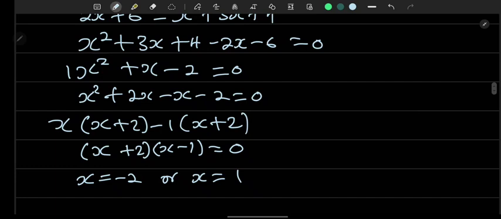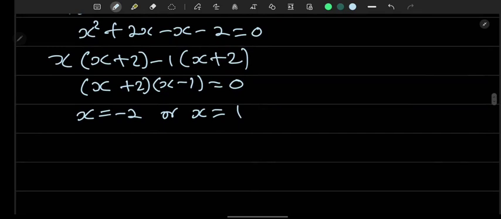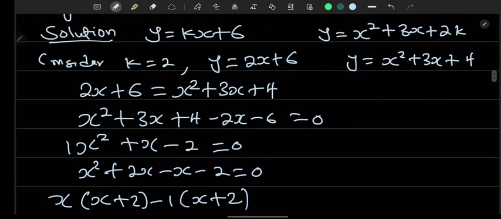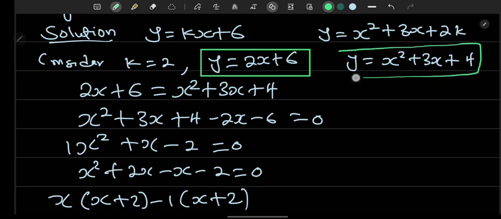We have gotten the values of x. Now we use these values to get y, looking for the corresponding value of y for each x. Don't forget the new equation of the line when k equals 2, and the equation of the curve when we consider k to be 2.